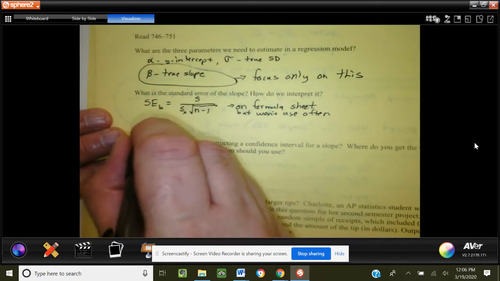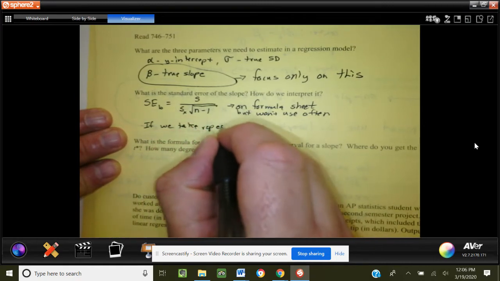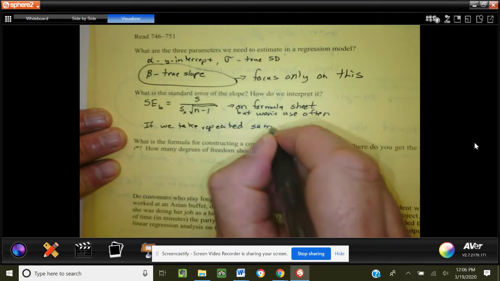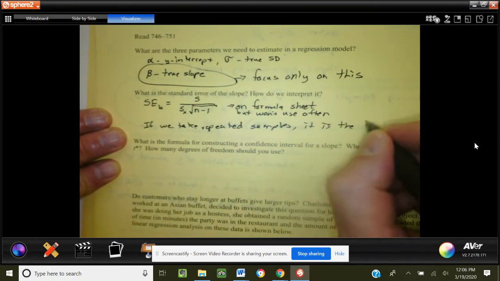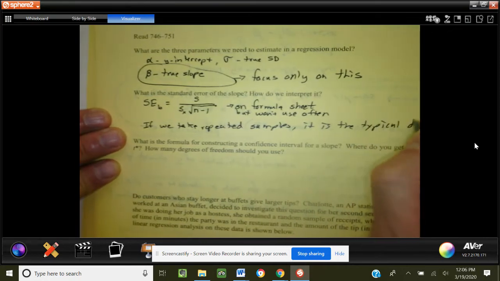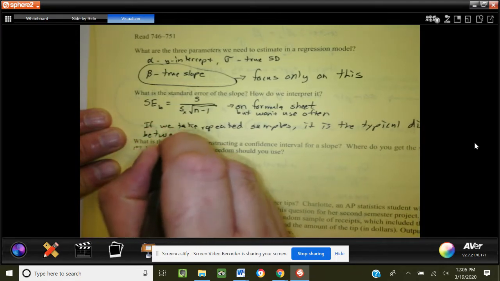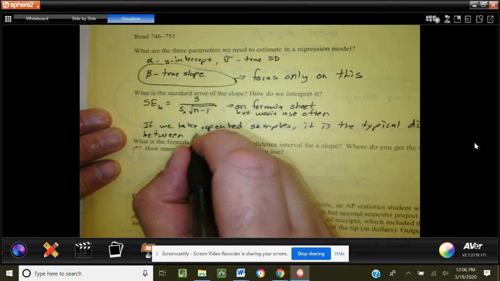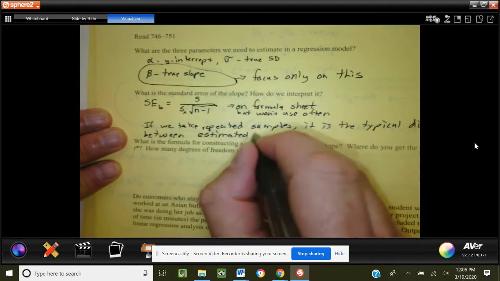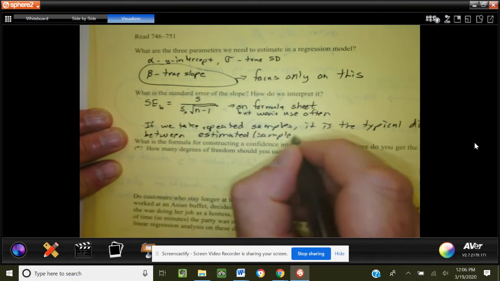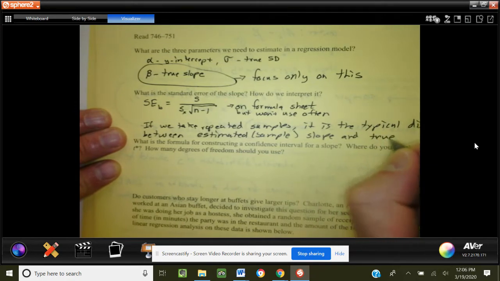Like any standard error, we could say if we take repeated samples, it is the typical distance between the estimated or sample slope and the true slope of the true regression model.